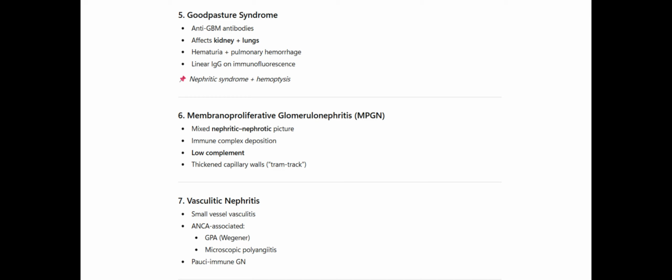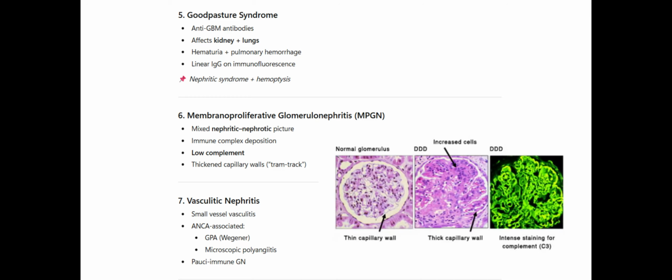The first subtype is type 1 rapidly progressive glomerulonephritis, also known as anti-glomerular basement membrane disease. In this condition, autoantibodies are formed against type 4 collagen, present in the glomerular basement membrane. These antibodies bind directly to the basement membrane, producing a characteristic linear pattern of immunoglobulin G deposition on immunofluorescence microscopy.